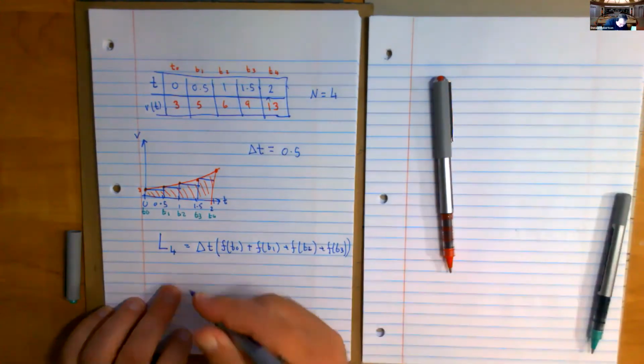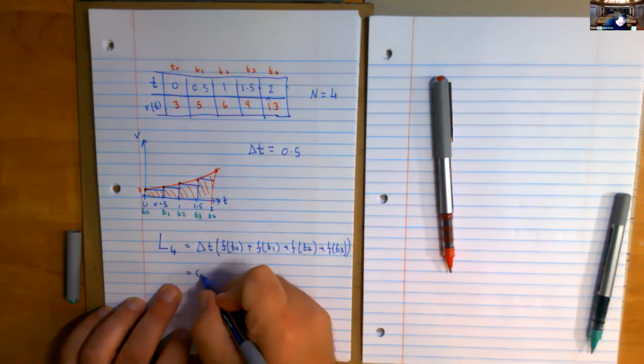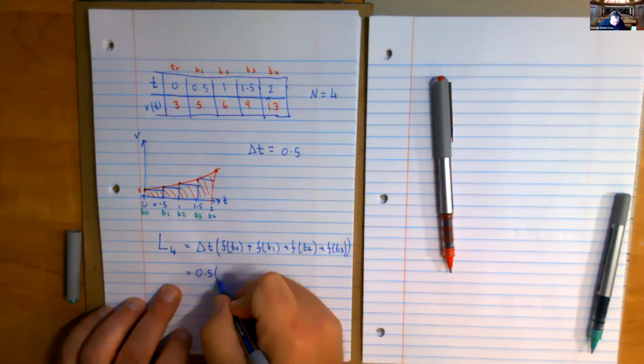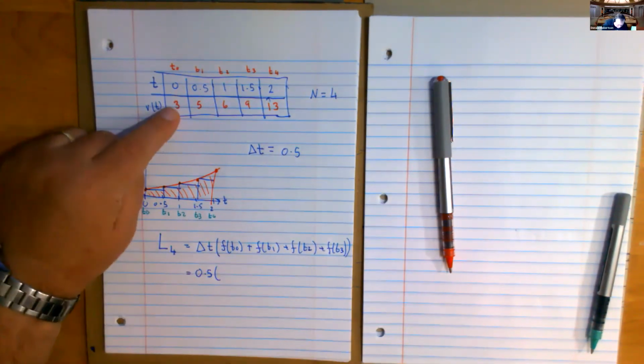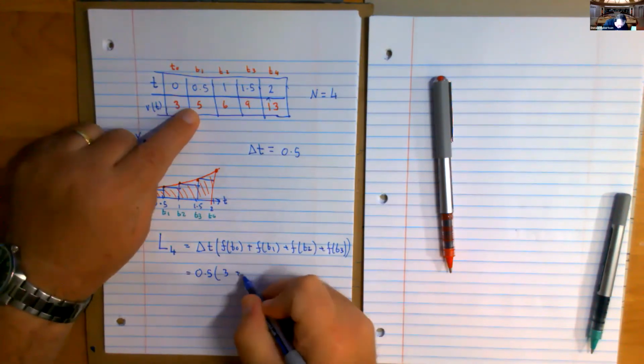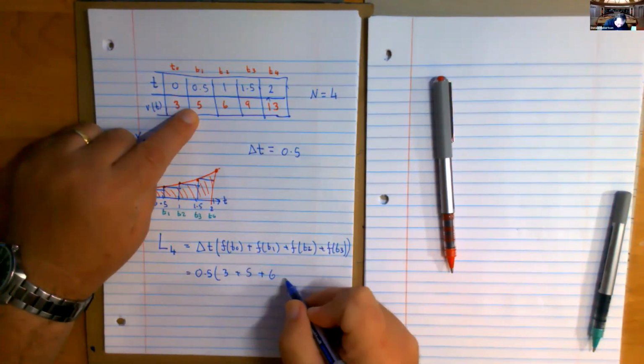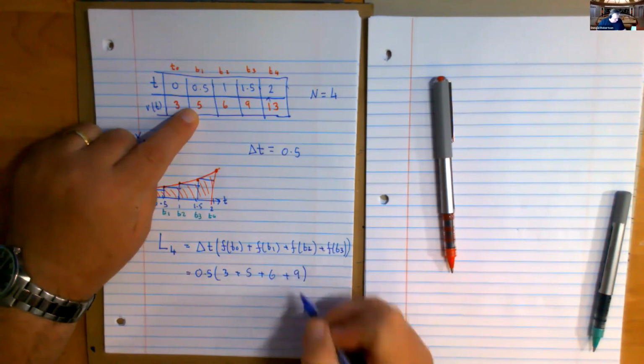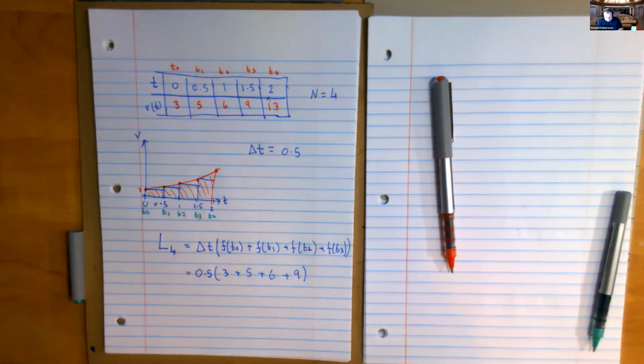In this particular case, delta t is 0.5. The heights of these rectangles are 3, 5, 6, and 9. So I'm going to just be careful here and add them all up using the calculator, although I should do it in my head.